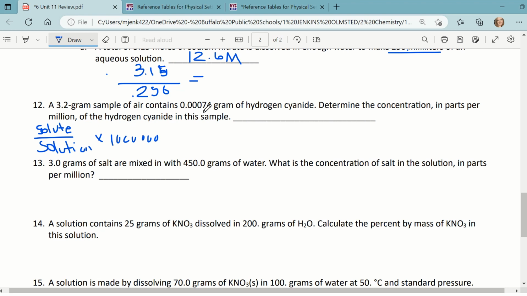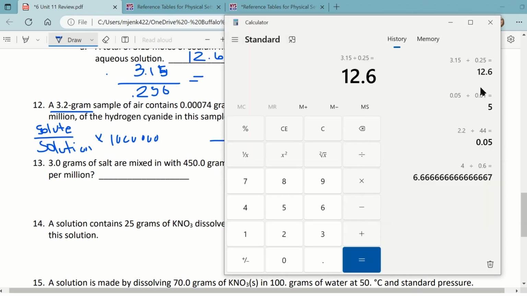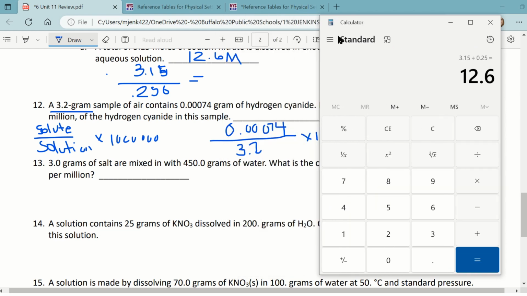All right. So we have 0.00074 grams of hydrogen cyanide, and we have a 3.2 gram sample of air. So that's the whole sample, and that's the part that is hydrogen cyanide. And then 1, 2, 3, 4, 5, 6 zeros equals. So how do I do this math-wise? Okay, well, let's see. There we go.